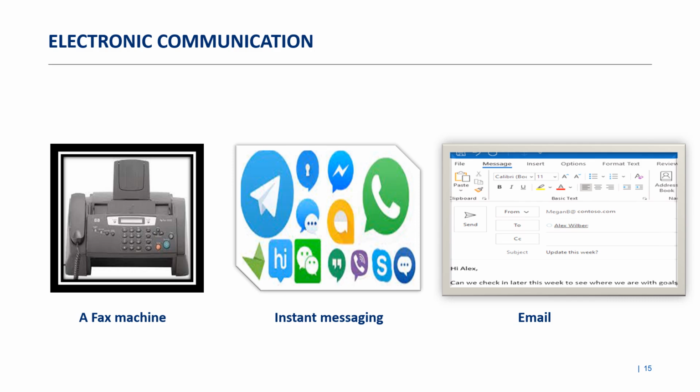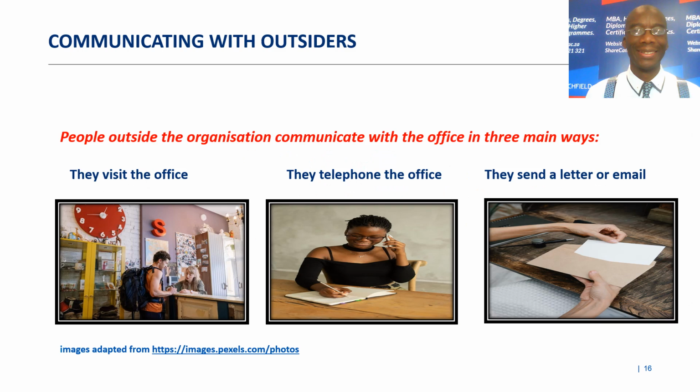Why is this important? This is important because distance is no longer a barrier to effective communication. One can easily communicate with a person in the United States of America instantaneously. This is the importance of instant messaging. So, the way that we communicate in organizations and in society has been radically changed through the use of electronic communication.